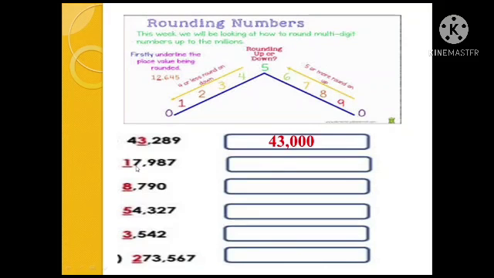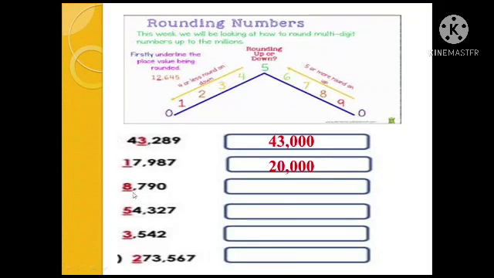The next number is 7, which is above 5. Above 5 means we have to round up. So the next 10,000 is 20,000. So 17,987 can be rounded up as 20,000.